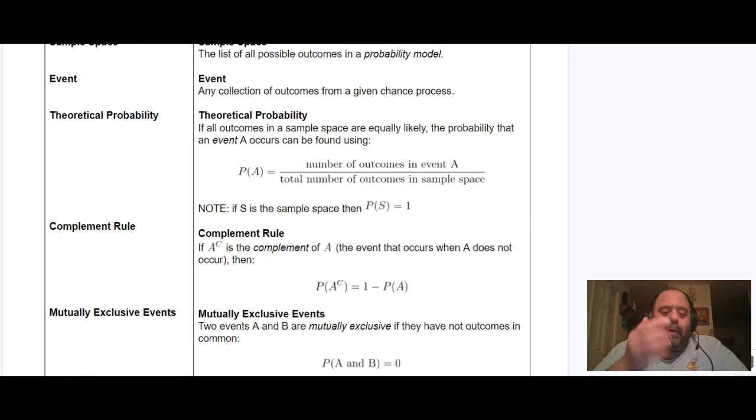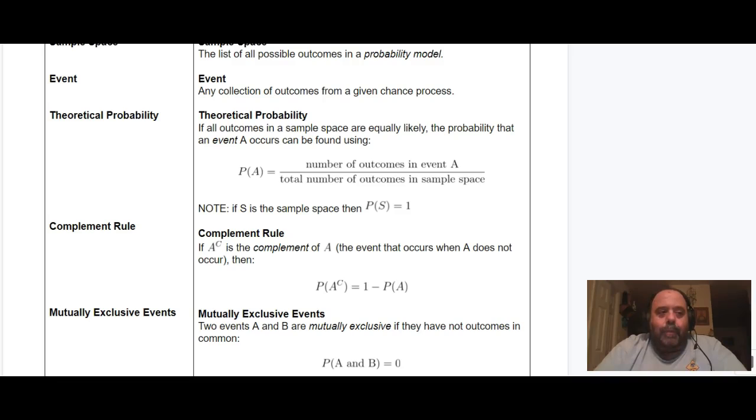Something that's useful here is this idea of a complement. Every event has a complement. The event is a collection of outcomes in the sample space. The complement is the collection of outcomes that are not in that event, right? So the complement is all the outcomes where that event does not occur.